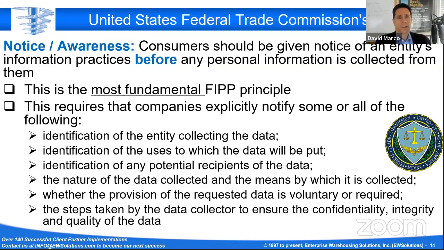But if your goal is to collect this data and then sell it to other people, you have to let people know that. Part of that is identifying any potential recipients of the data, the nature of what's being collected and how it's being collected. And is it voluntary or required? What does that mean? And you'll see this in some of the later FIPPs guidelines.